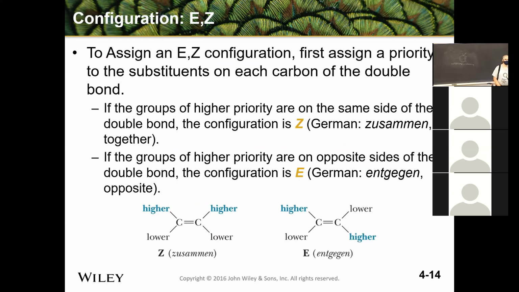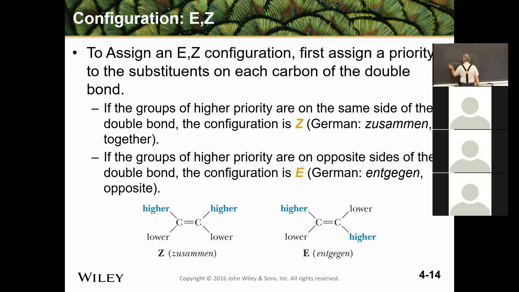Okay, next we'll talk about E and Z. E and Z is actually a more precise method of identifying geometry.